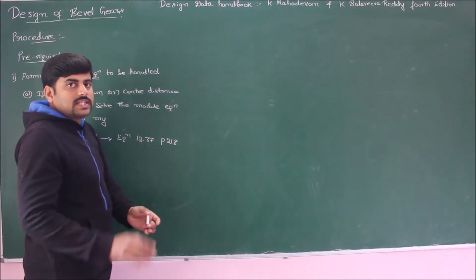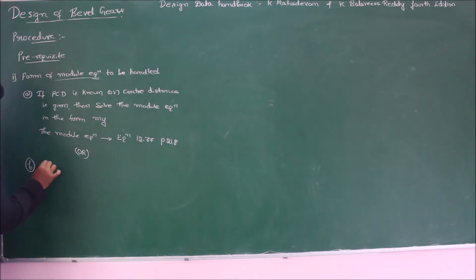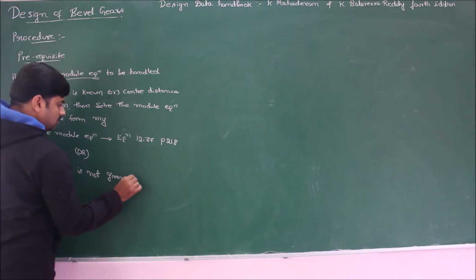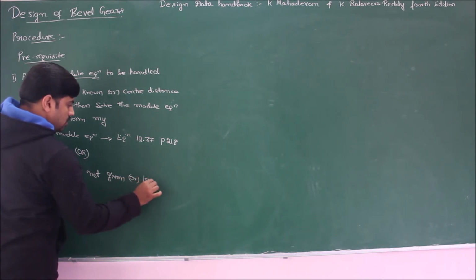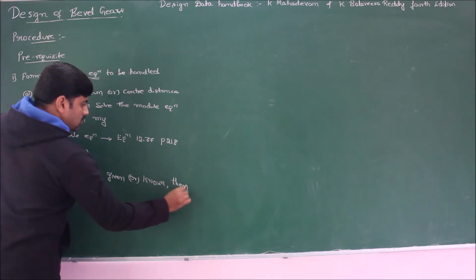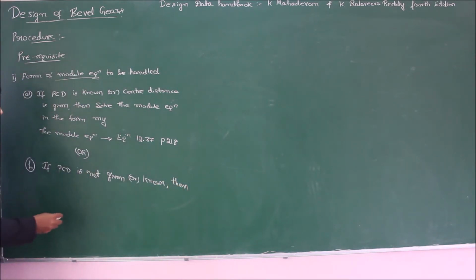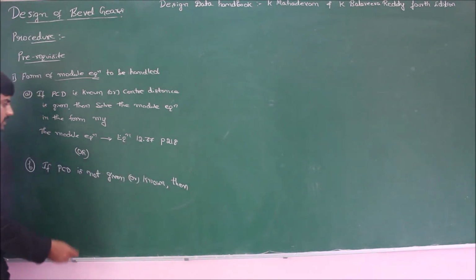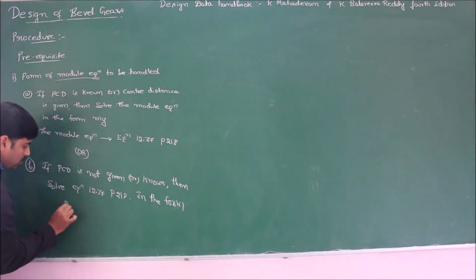We are referring to the 4th edition. Or if pitch circle diameter is not given or known to us, then solve the same module equation, that is equation 12.37 present in page number 218, in the form m cube cv.